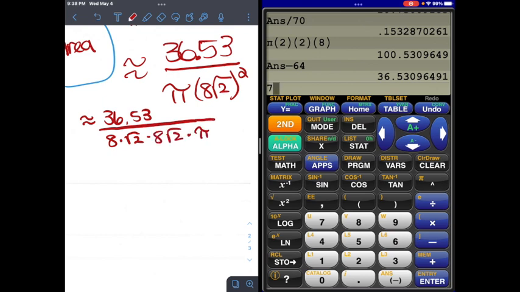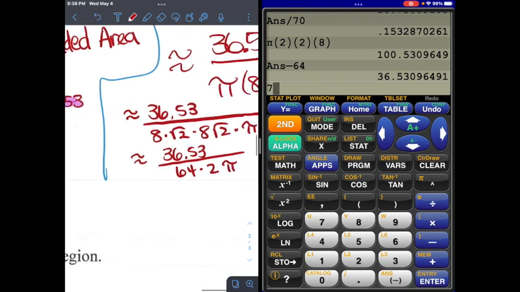So again, the square root 2 and square root 2 right here become a 2. So that's going to be, work it out, 36.53 over 64 times 2 pi. If you want to do that, that's totally okay. 64 is because 8 times 8.